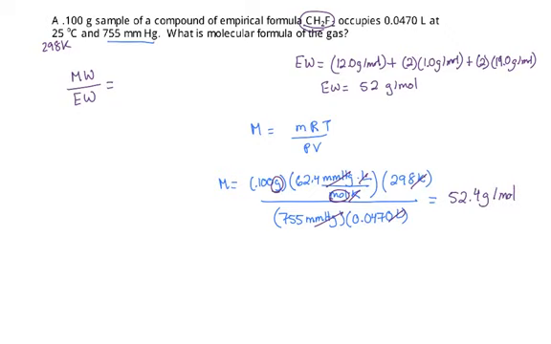We got the molecular weight to be 52.4 grams per mole. The empirical weight was 52 grams per mole, so it looks like that's a 1. So basically the molecular weight is the same as the empirical weight, which means the molecular formula is the same as the empirical formula, so it's CH2F2.